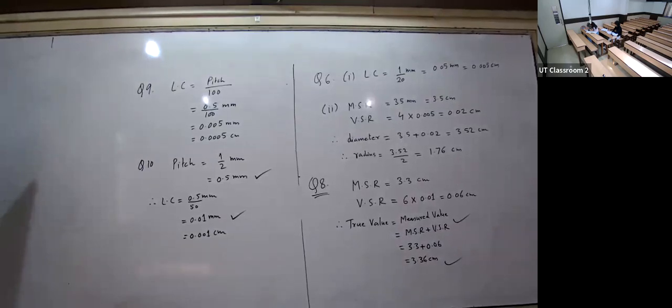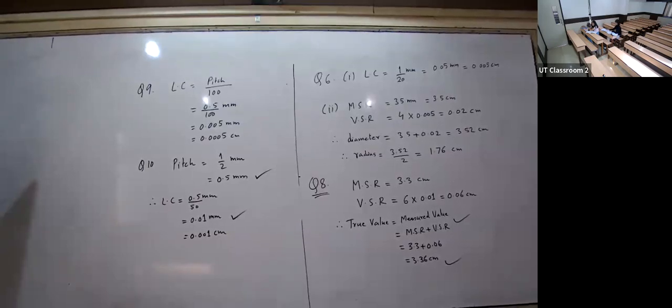So MSR is equal to 1 millimeter, which is equal to 0.1 centimeter. So what is CSR? The 27th division is found to be matching the baseline. That's what is given.